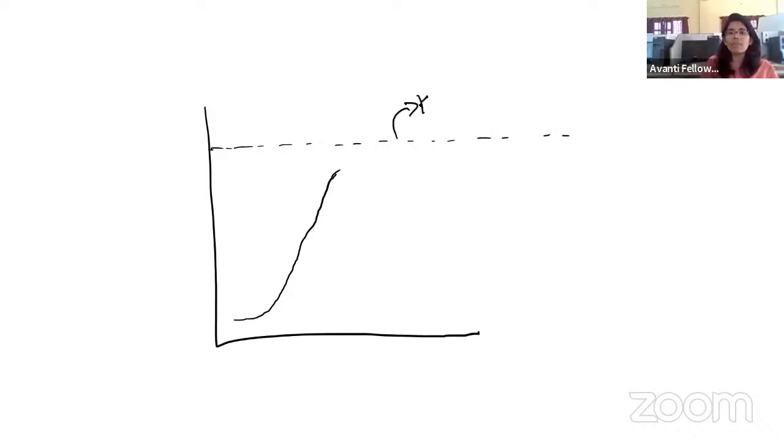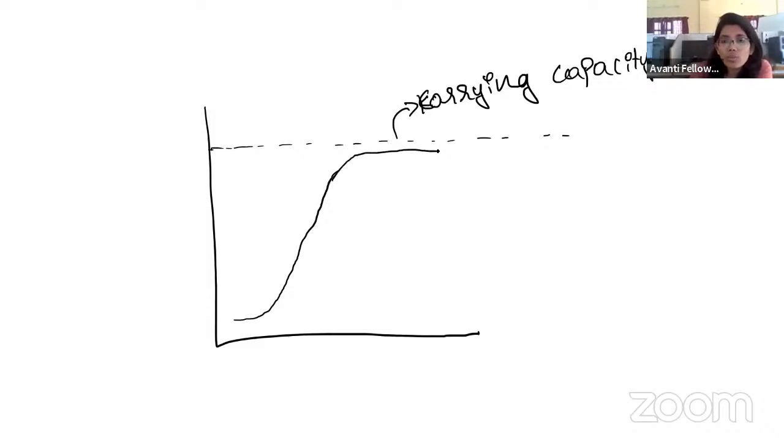This is called the carrying capacity. What do you call this? Carrying capacity. Now what will the organisms do? They will grow, but after some time the resources are getting empty. So what is the population going to do? The population will become stable. Now the population is not going to increase anymore.